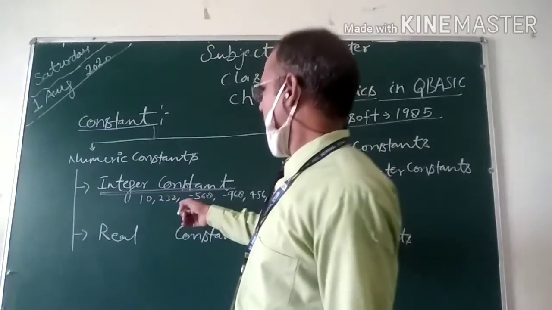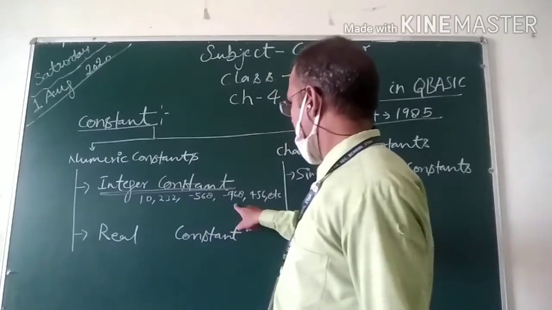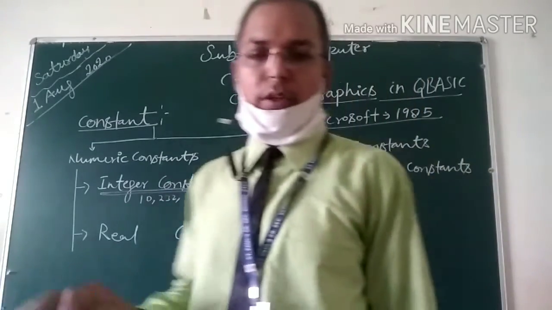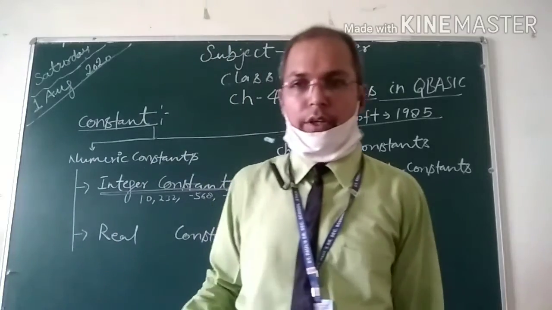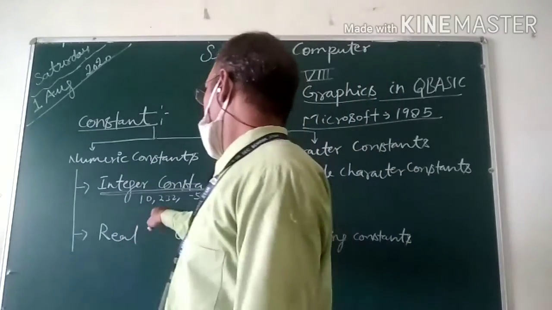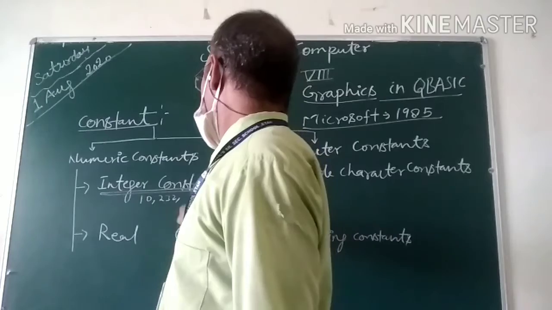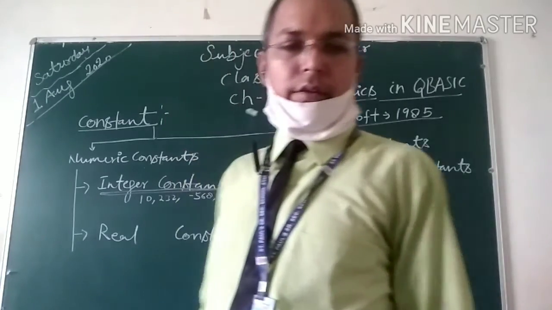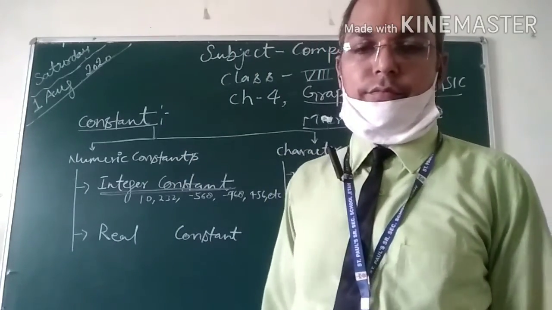What type of integer constant? Positive numbers or negative numbers without any fractional part. Okay, so these are integer constants. And next, real constant.